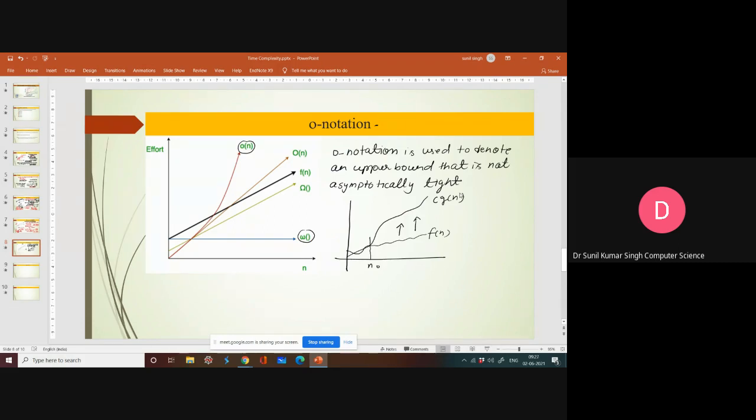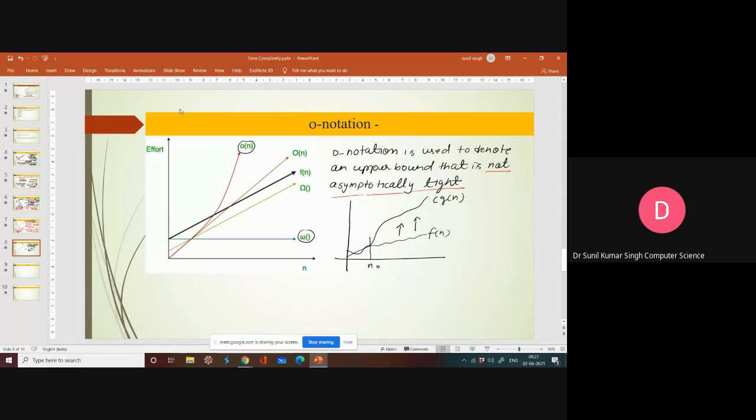That's the reason we say that it is not asymptotically tight. Not asymptotically tight means here it cannot touch the value of c g(n) after n0.